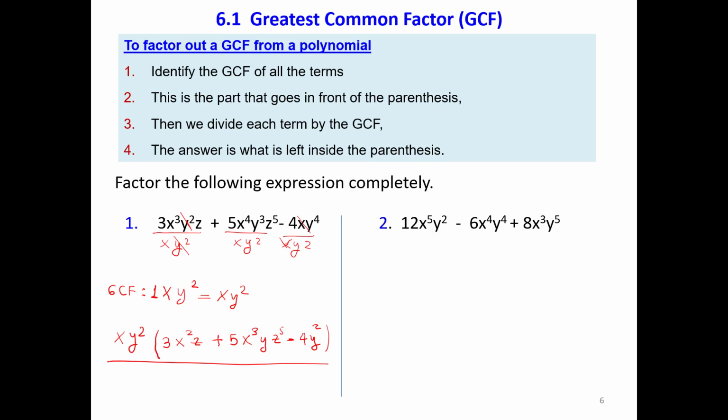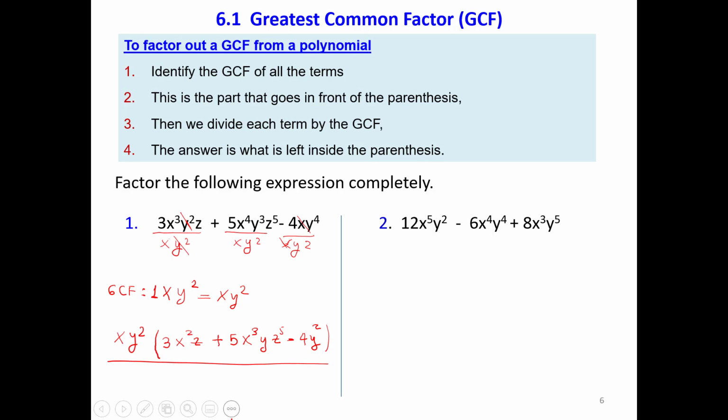This is the answer. And if you multiply the factors, this one times what we had inside the parentheses, we distribute this factor to the parentheses, we should get what we had in the problem. Then let's try the next.